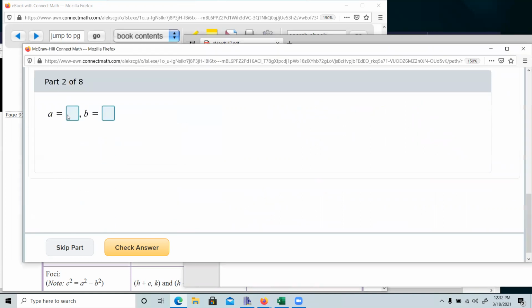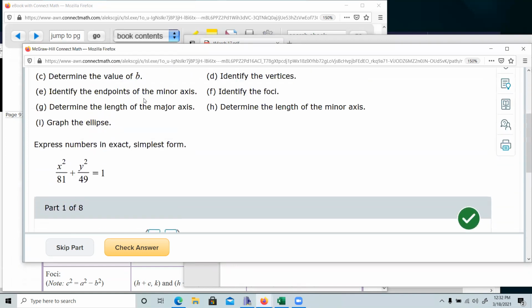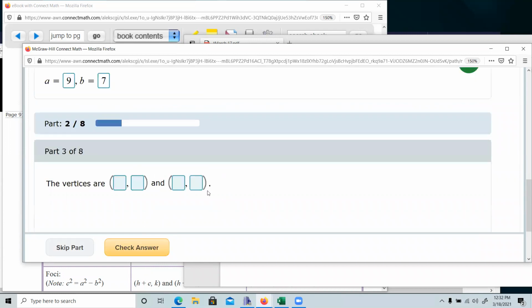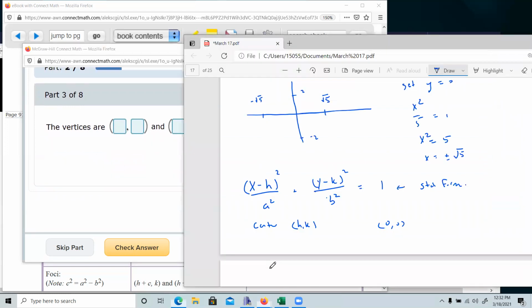So we have 9, we have 7. By the way, I will not ask you which one is A and which one is B, because you'll see as soon as we have to identify the vertices or the endpoints of the minor axis. Vertices are the endpoints of the major axis. You're going to ask this question anyway, and I don't really care if you call it 1A and 1B.